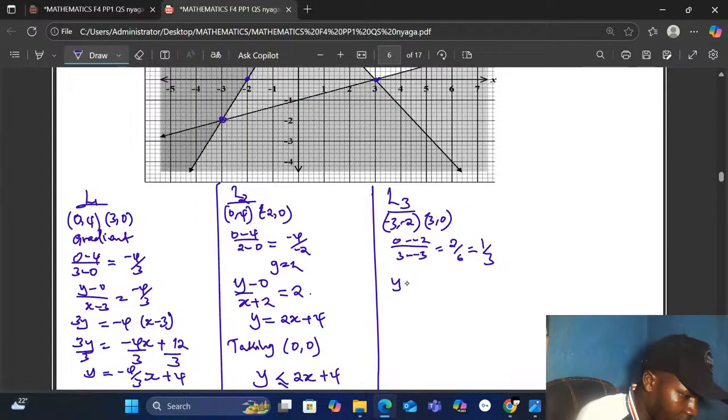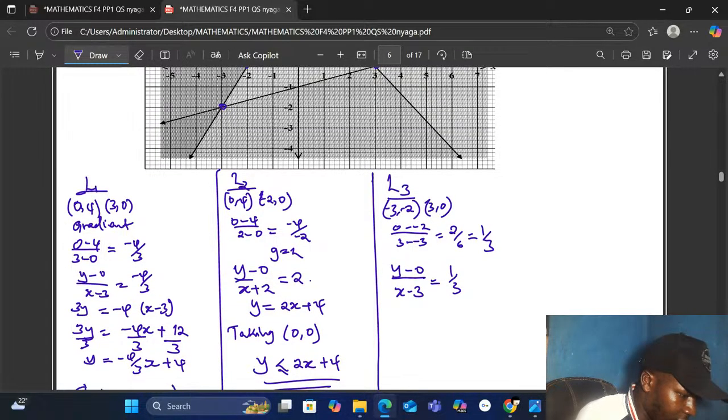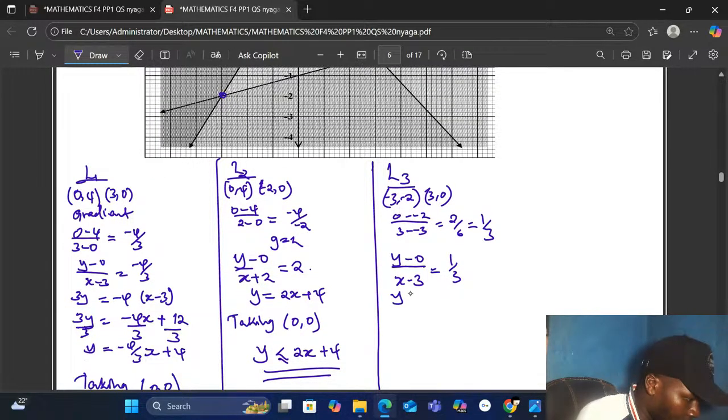We look now for the equation. We simply take one of the points, 3, 0. So y minus 0, over x minus 3, gives us a third. So 3y is equal to x minus 3.